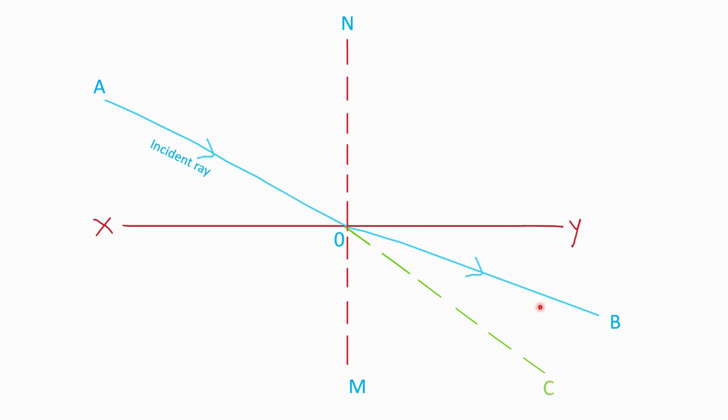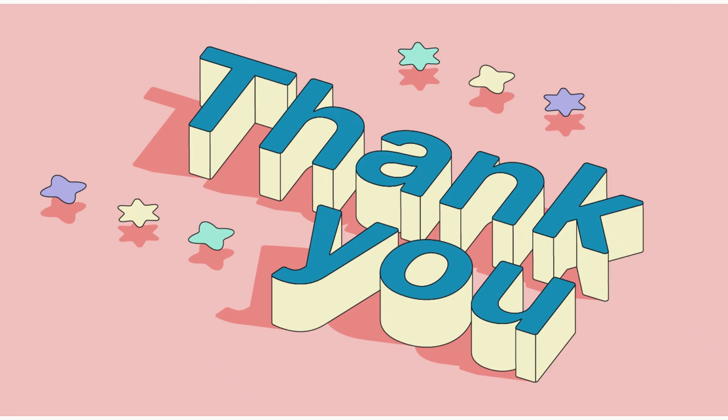So when the refracted ray becomes OB, the distance between the refracted ray and the normal is increased, which means that the refracted ray is bending away from the normal. If the refracted ray bends away from the normal, that means that the ray of light is passing from an optically denser to an optically rarer medium. I hope this is clear.